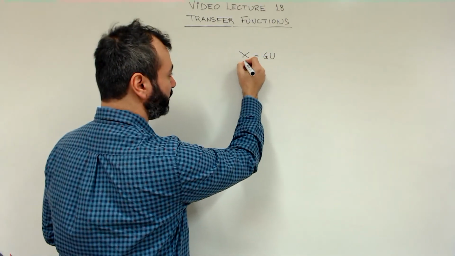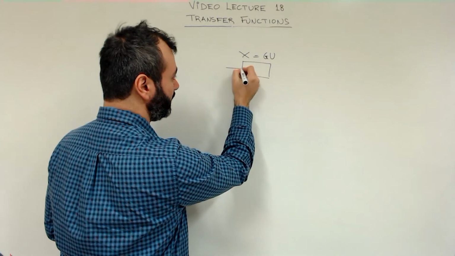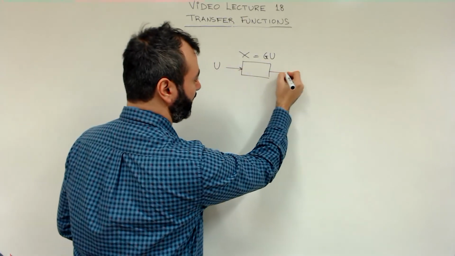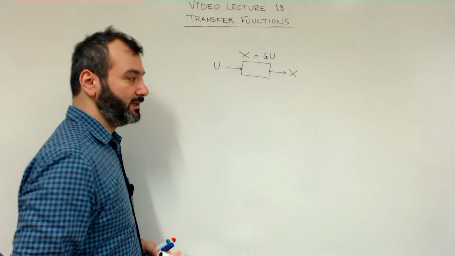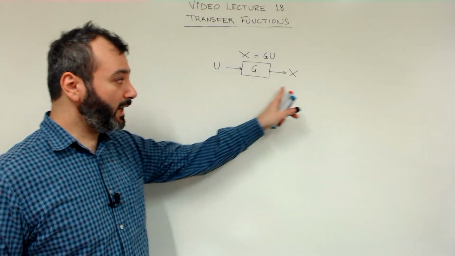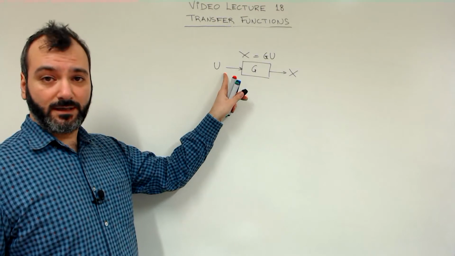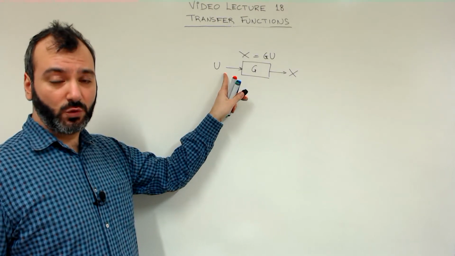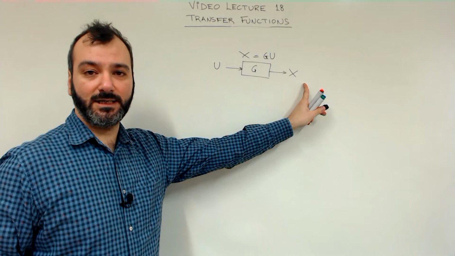So we're talking about a black box with an input U and an output X and a function G in between, which describes how the S-domain signal U produces an S-domain signal X.